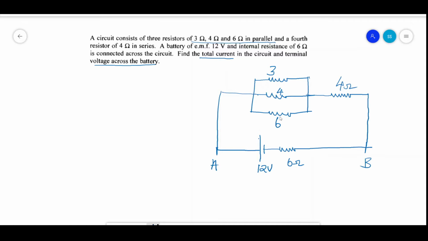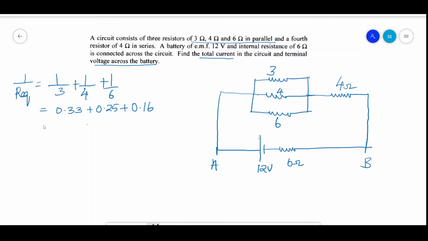So first, 3, 4, 6 are in parallel. So the equivalent resistance of that would be 1 by R equivalent is equal to 1 by 3 plus 1 by 4 plus 1 by 6. That is equal to 0.33 plus 0.25 plus 0.16.